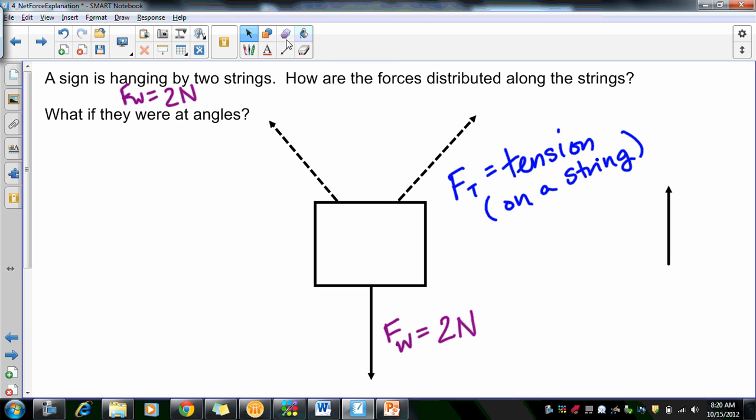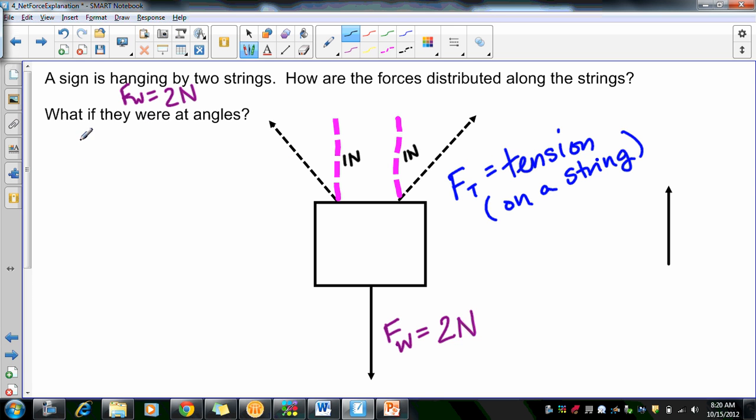So now the counteracting is here. Let's make it pink. So this is now 1 newton, and this is 1 newton. And what you should notice is that these form the hypotenuse.